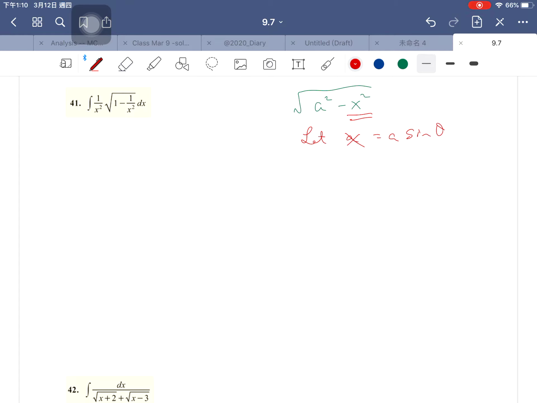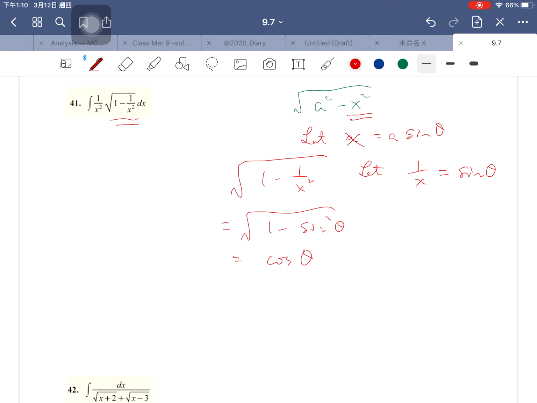So for this problem I will let 1 over x become sine theta. Then this one will become root 1 minus sine squared theta, which is cosine theta. Very good. This one I replace as cosine theta.